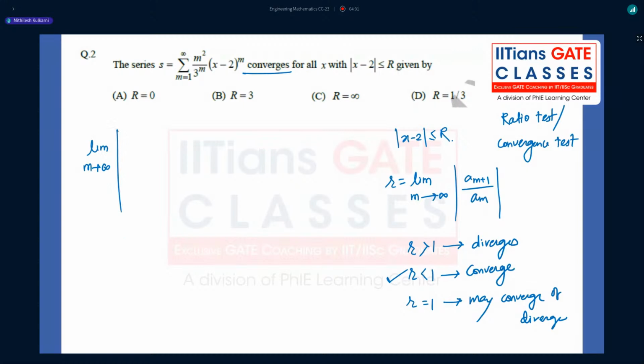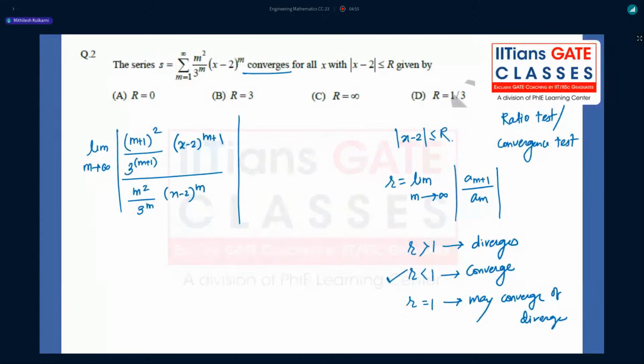The (m+1)th term will look like (m+1) whole square divided by 3 raised to the power m+1, times (x minus 2) raised to the power m+1, divided by m squared divided by 3 raised to the power m, into (x minus 2) raised to the power m. So this is how it will look.